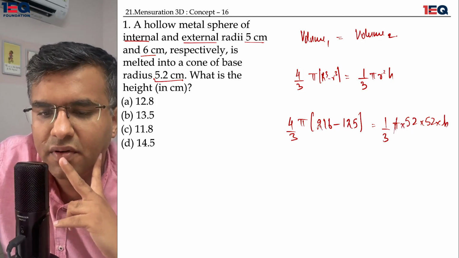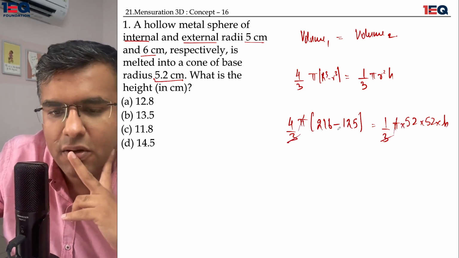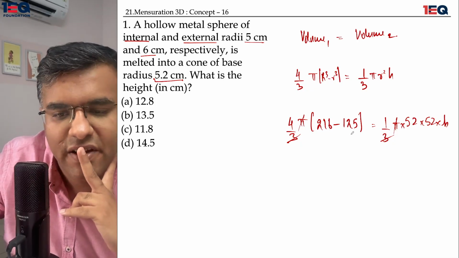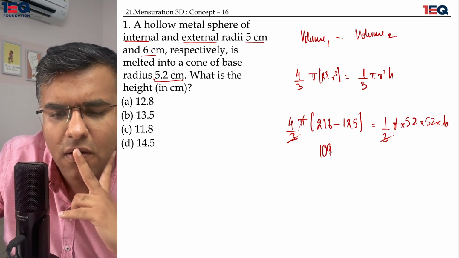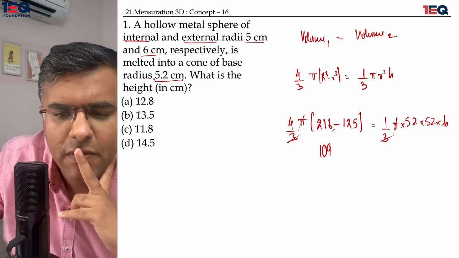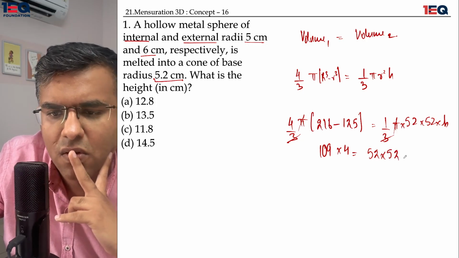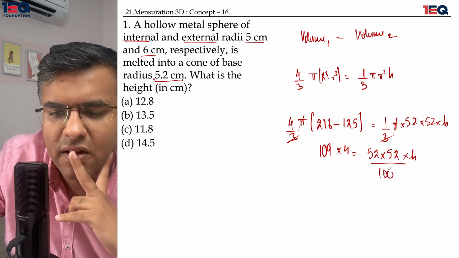The pi and everything, they go away. 216 minus 125 is 91... had it been 215, I think 109 would be the answer. Yeah, 109. So 109 into 4 is equal to 52 into 52 into h. There is a component of 100 as well.